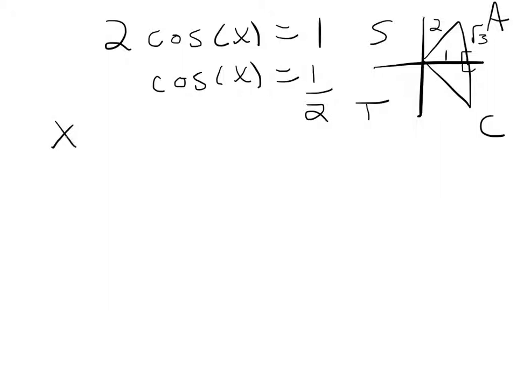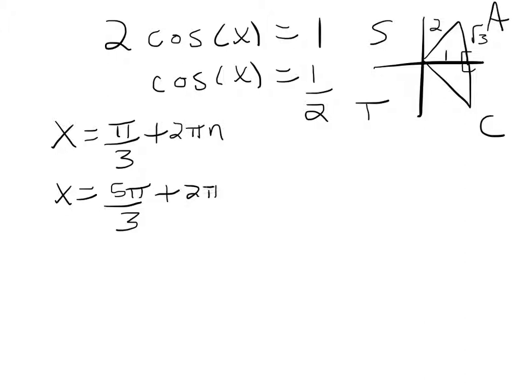So my answers here will be pi over 3 and 5 pi over 3. I'm solving for all possible solutions here. I didn't specify any given intervals, so I'm going to add plus 2 pi n to each of those and specify that n is an integer, either using math notation or just writing out that n is an integer.